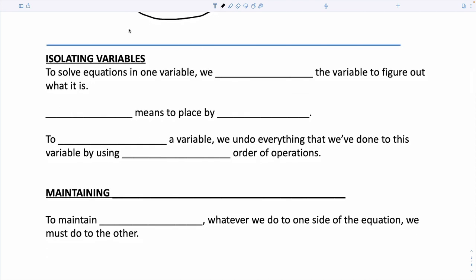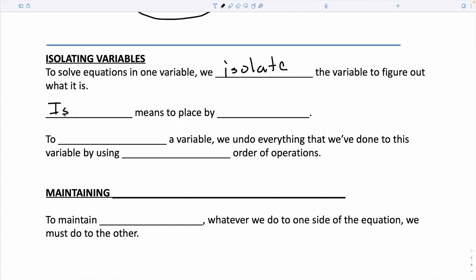Here are the steps, the big ideas of what we just did. We're going to isolate the variable no matter what. If it's a 1-step equation, 2 steps, my 8th graders are working on 6-step equations, you always isolate the variable. Isolate means you're solving, so we isolate the variable to figure out what it is.